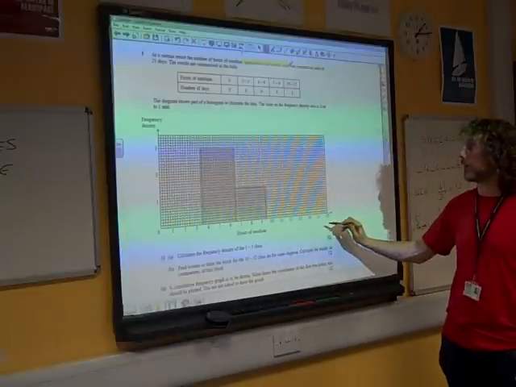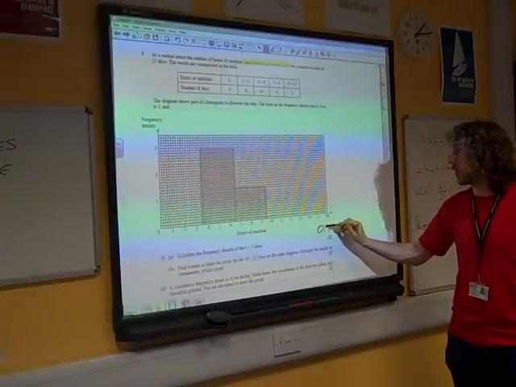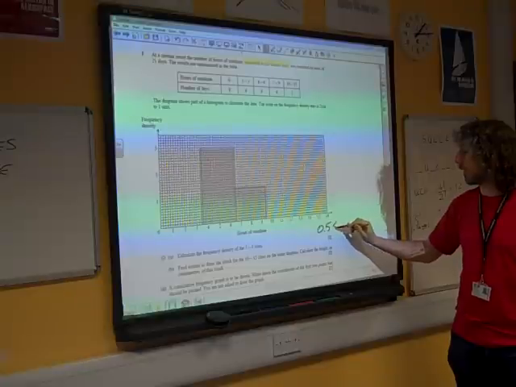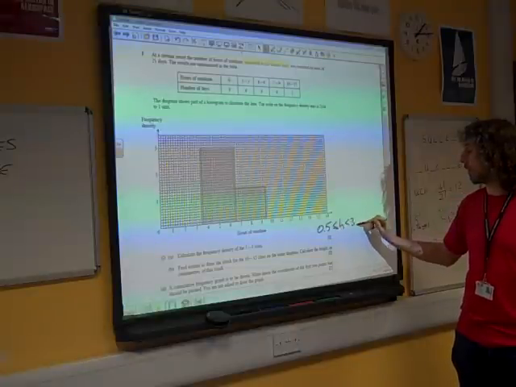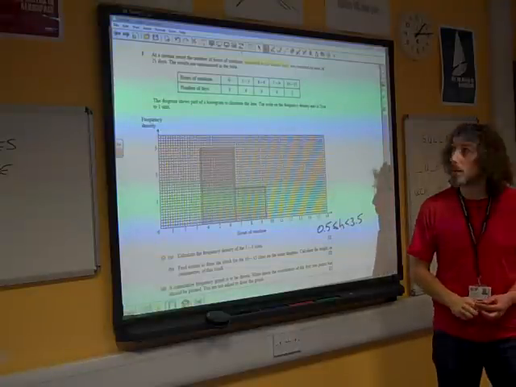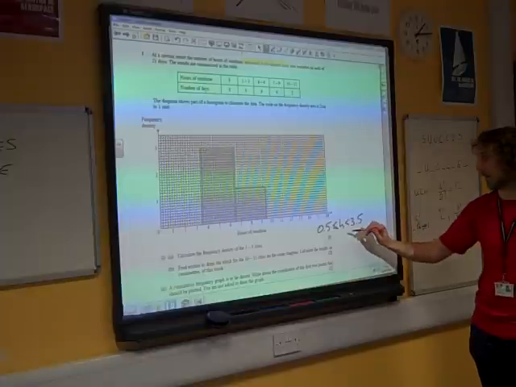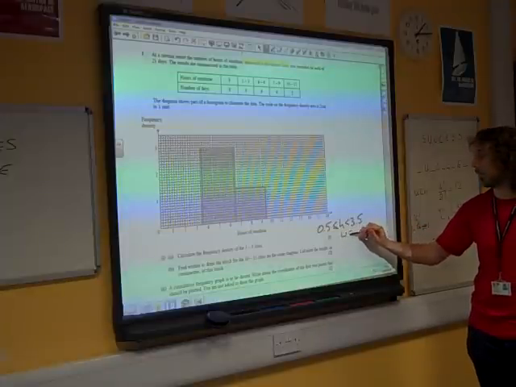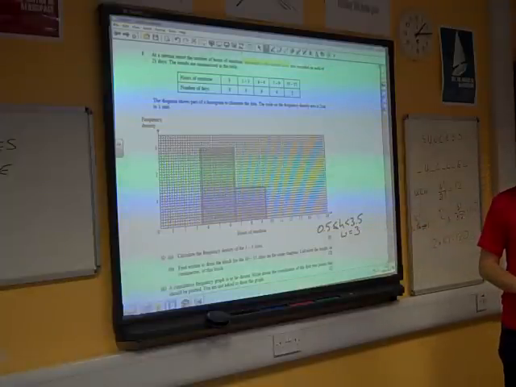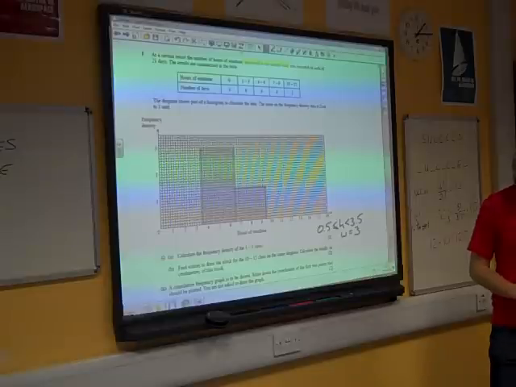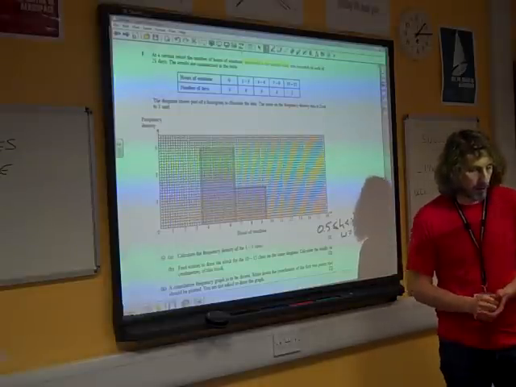So the class that we're dealing with is 0.5 up to 3.5. The class width of that is 3.5 take away 0.5. The width equals 3.